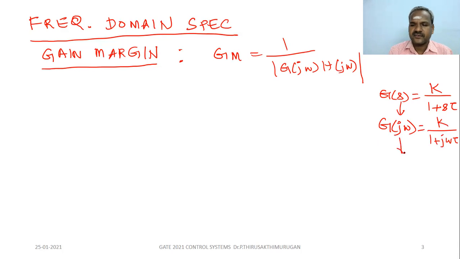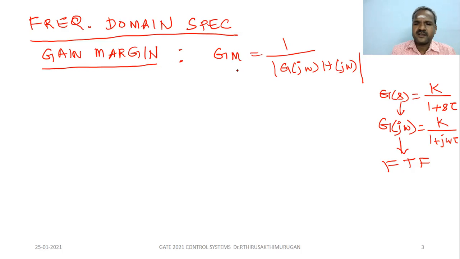So this transfer function is called the frequency transfer function. How to get the frequency transfer function? In the open loop or closed loop transfer function, if you substitute j omega instead of s, it becomes the frequency transfer function.